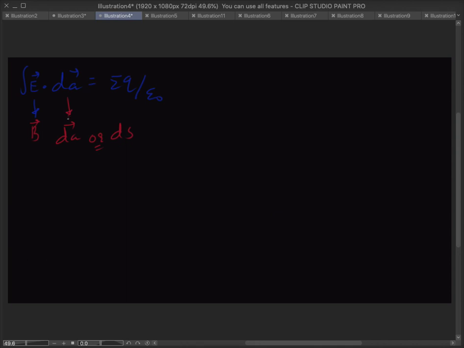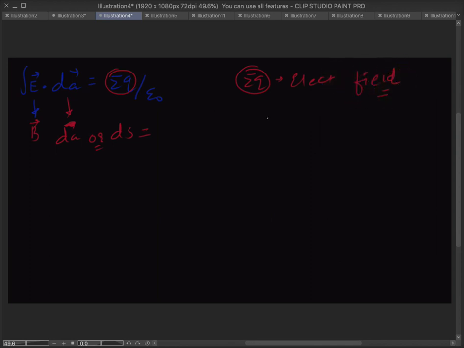Be careful, this is not a vector because our area is not a vector, but it represents some positions. Here sigma q is the sum of all these charges, and this is the property of electric field lines, because in an electric field sigma q is responsible for producing the field.